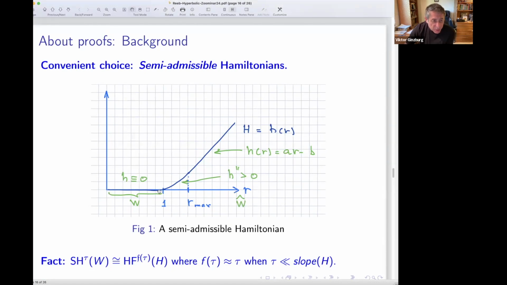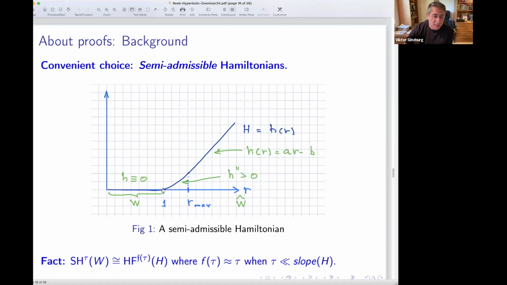Here is the Liouville domain, and this is the cylindrical part, and this is the cylindrical parameter ranging from 1 to infinity. The class of Hamiltonians we are looking at are identically zero in the Liouville domain.